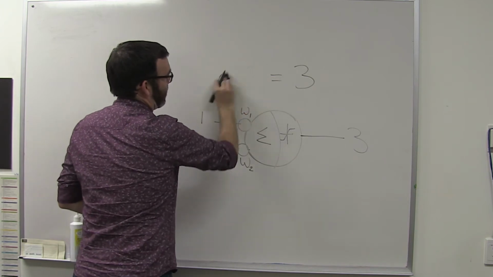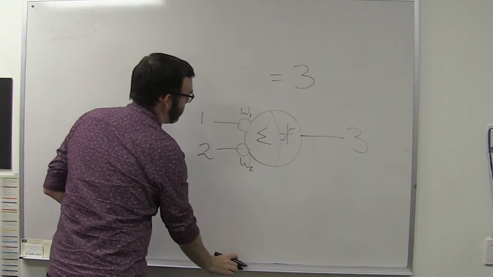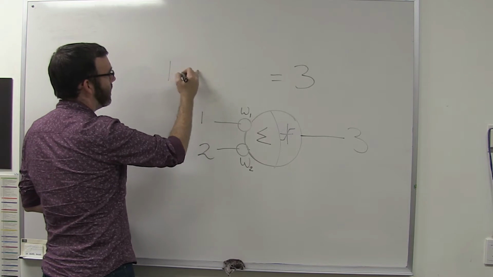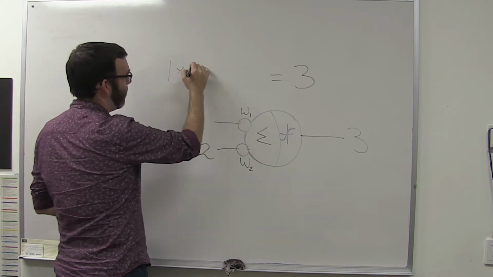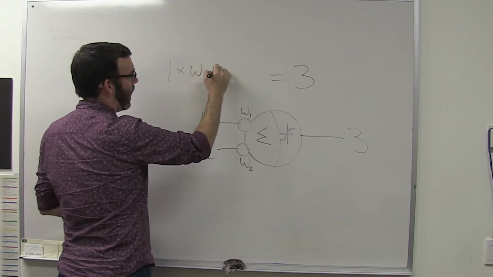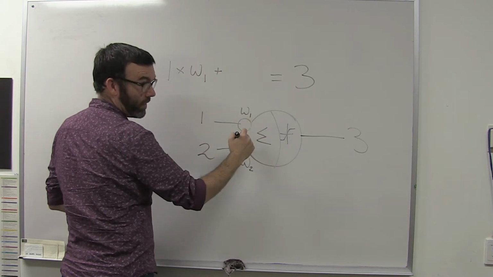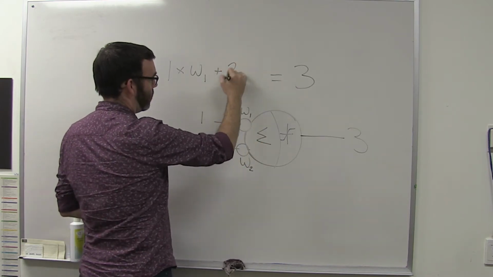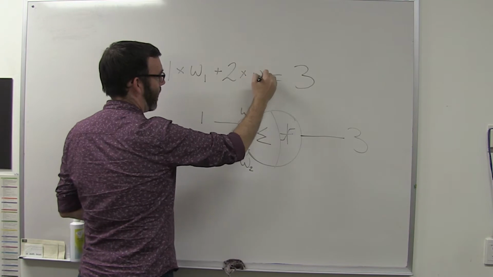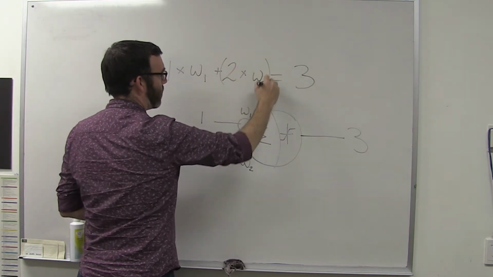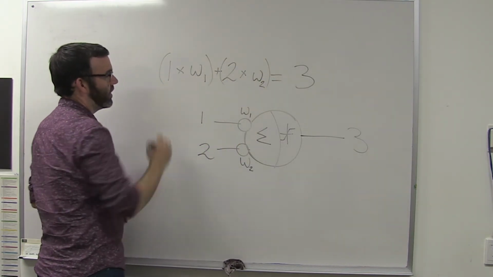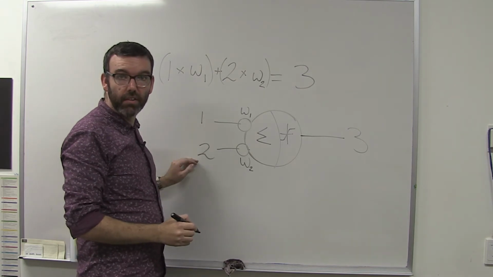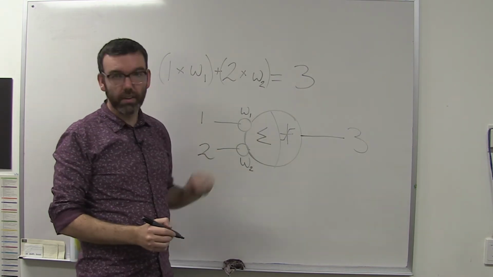So if I take the equation at the top, I take 1 and multiply it by the value at W1, and then add it, using that internal activation, to 2 multiplied by W2. If I put these in brackets, it makes it a little easier to see how these values feed through.